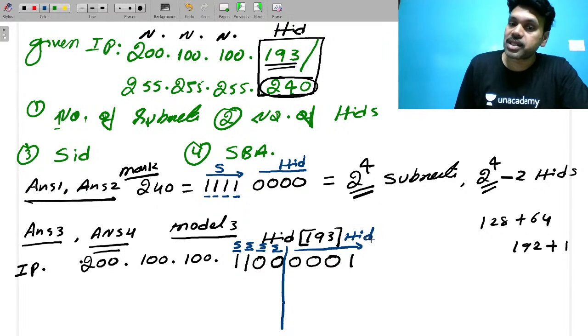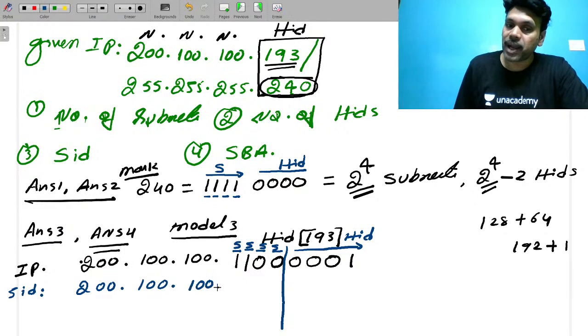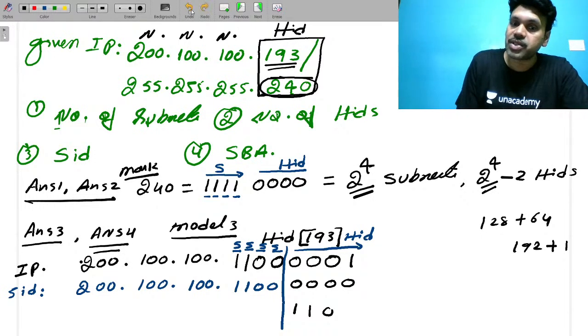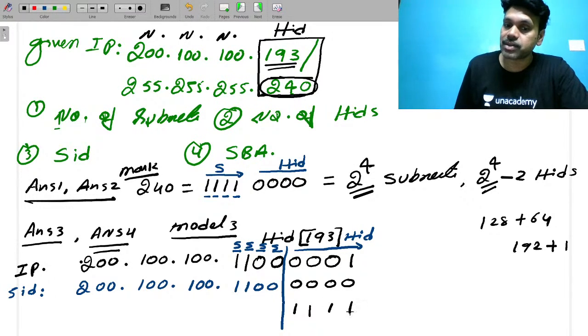So you want the subnet ID. What did I say? Drop as it is the NID and subnet ID bits. You convert your HID bits to all zeros to get the subnet ID, and convert your HID bits to all ones to get the subnet broadcast address.